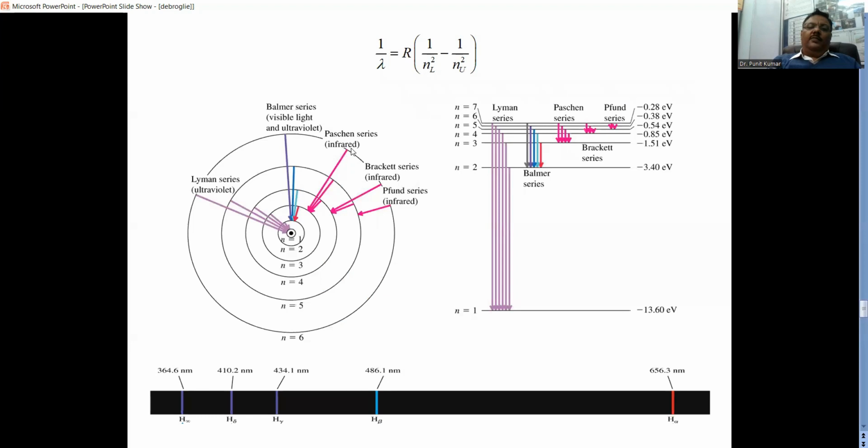A transition to n equals 3 gives the Paschen series. A transition to n equals 4 gives the Brackett series. And n equals 5 gives the Pfund series. So basically, we have the Lyman, Balmer, Paschen, Brackett, and Pfund series. Here we can see that the spectrum is discrete, not continuous.